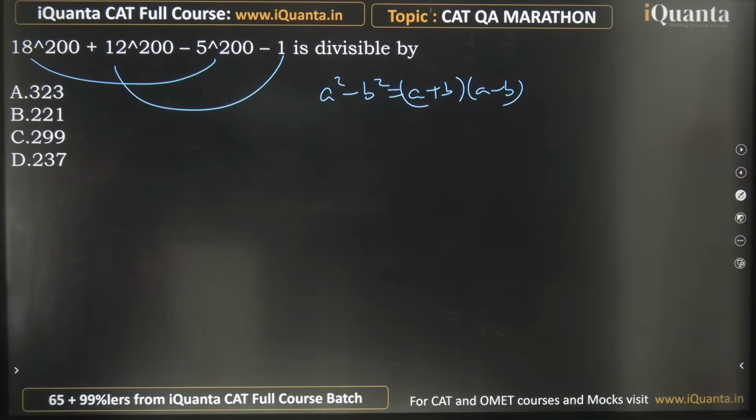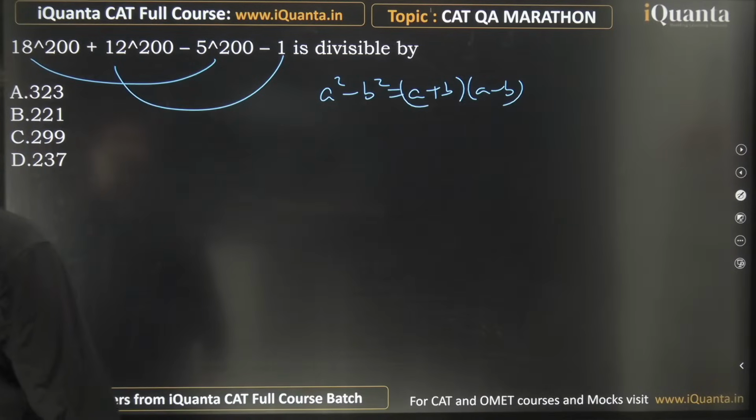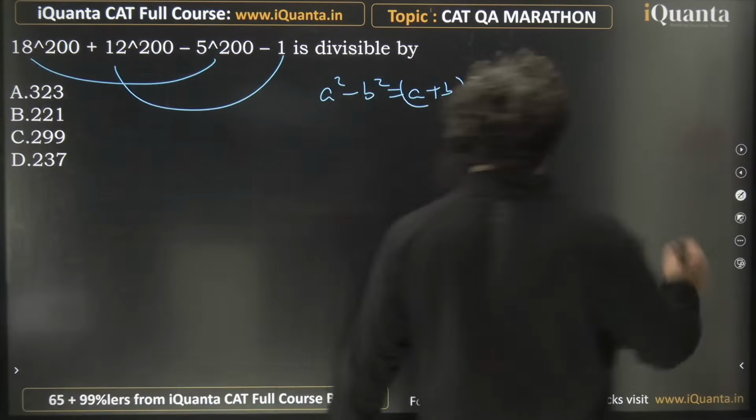18 and 5, 12 and 1. Right? Okay. So basically we got 13 common.